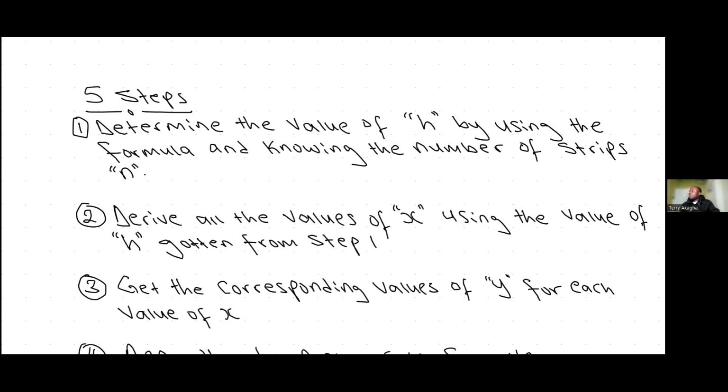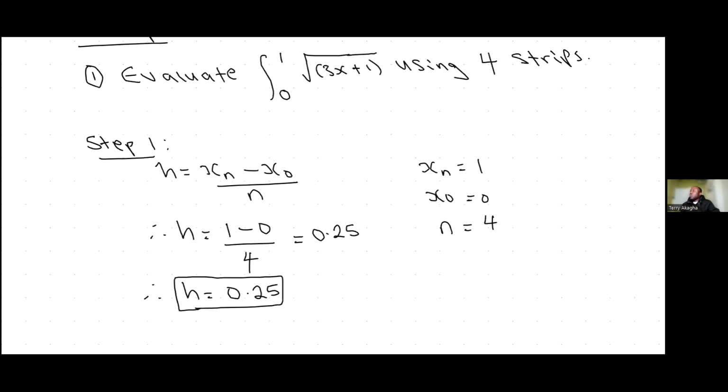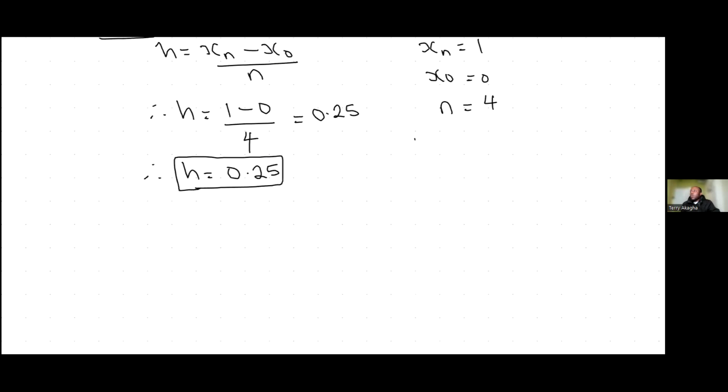We're already given the lower limit, xo, which is 0, and the upper limit, xn, which is 1. So we need to derive all of the values in between.